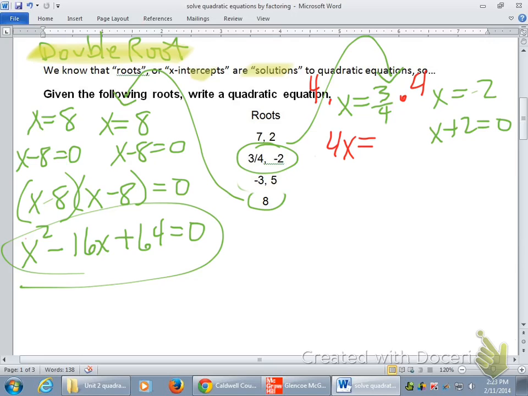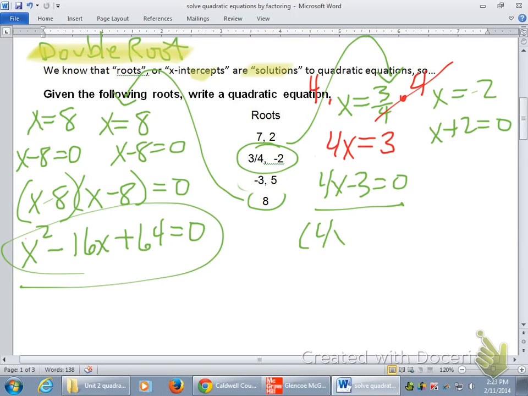It's just plain old 3, isn't it? Don't those go away? Hey, isn't that a lot easier than what we had with the fraction? So now make it say equals 0. 4x minus 3 equals 0. Is this prettier? I think it is. This guy is much, much better.